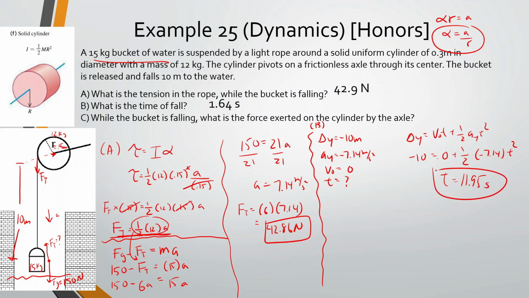Whoa, 1.64. What, did I do something wrong? Hold on, let me do 10 times 2 divided by 7.14. Oh yeah, I did something wrong. And then we should get 1.67 seconds. Yep. So let me change that real quick.